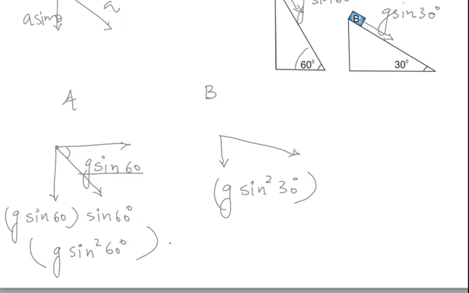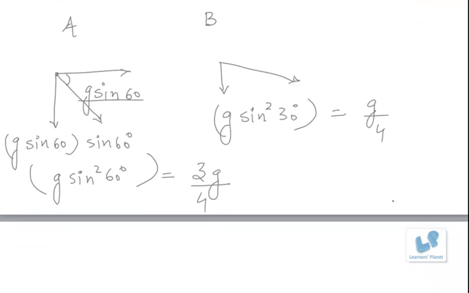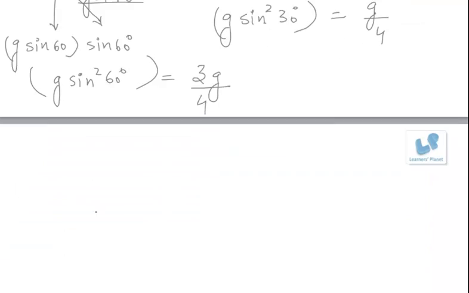Now if you substitute the values of sine 60 and sine 30, this will come to 3g by 4 and g by 4. So if you take the relative acceleration of A and B, you will get 3g by 4 minus g by 4, equal to g by 2.